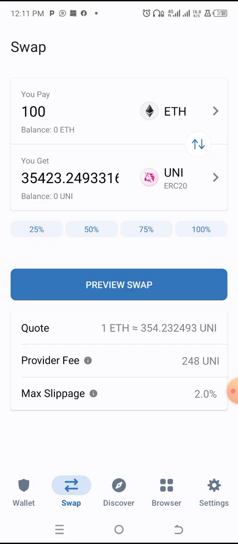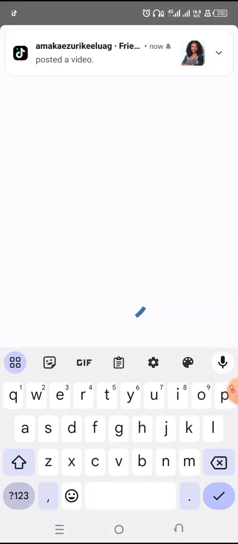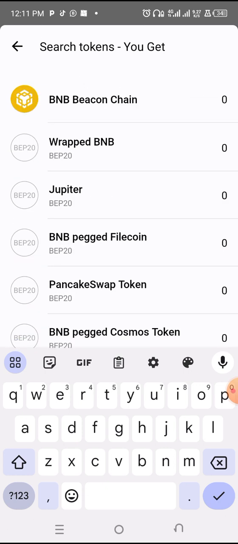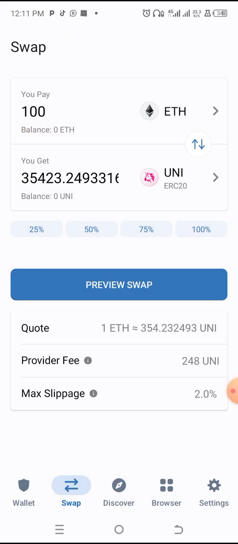That's another thing you need to know, because if you're swapping Ethereum network coins, you still need to know which one. If you're swapping on the BNB Smart Chain network, you should know where you're swapping to as well.